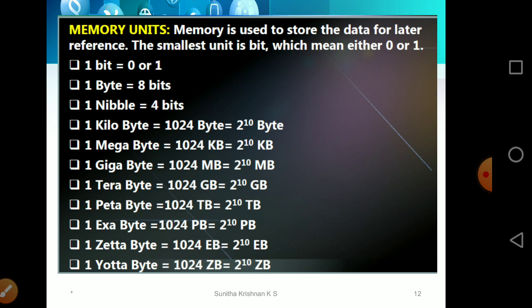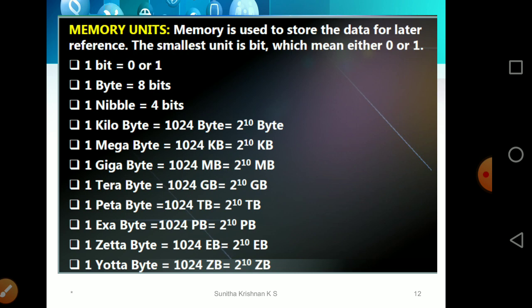Now coming to the memory units. Memory units means we have data. The data in the computer is stored as either 1 or 0. So 1 or 0 represents the bit, or binary digit. And 1 bit stores either 0 or 1.